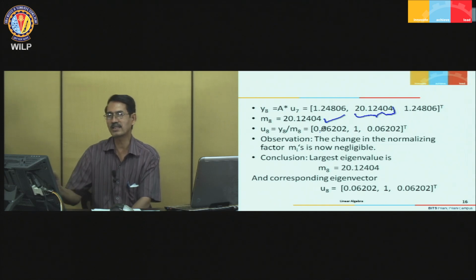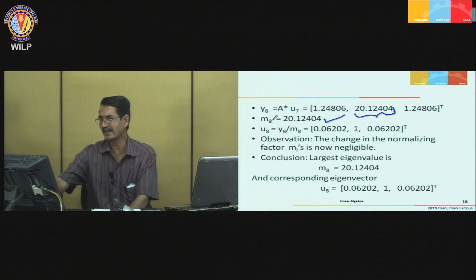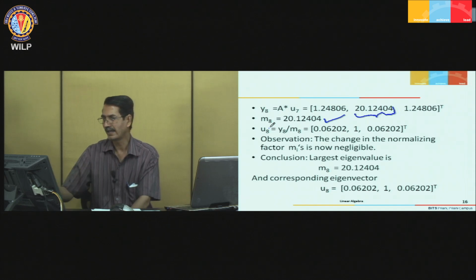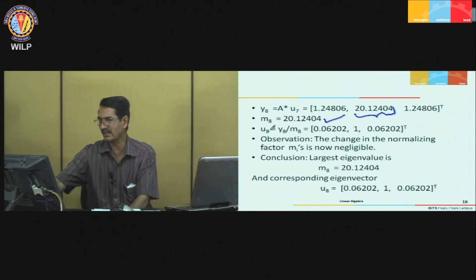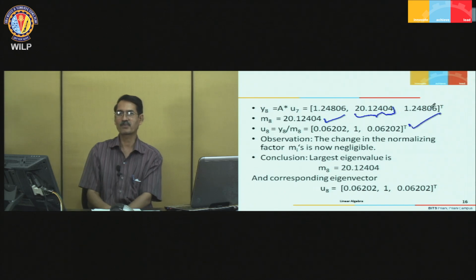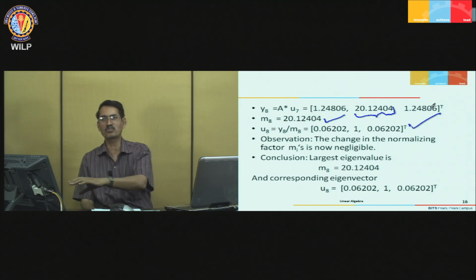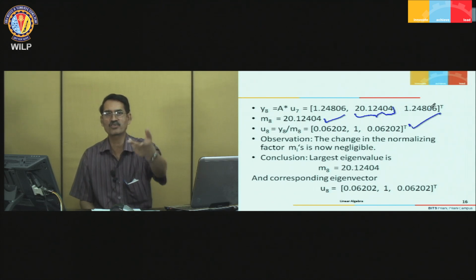Therefore, we shall stop the process, and we shall call m8 the dominant eigenvalue, and the corresponding final eigenvector u8 the dominant eigenvector. Remember, calculate m1, m2, m3, m4, m5 and so on. See the difference between these mi; when it becomes negligible, you stop the process.